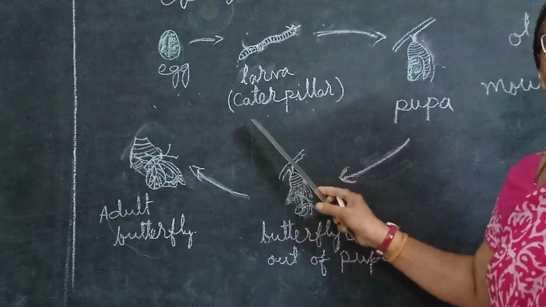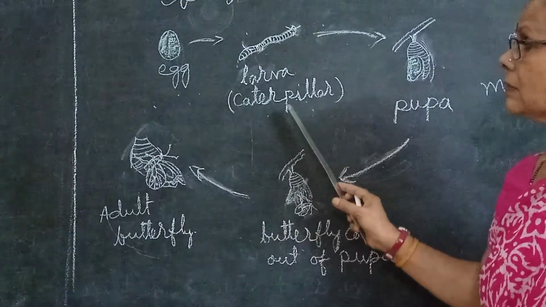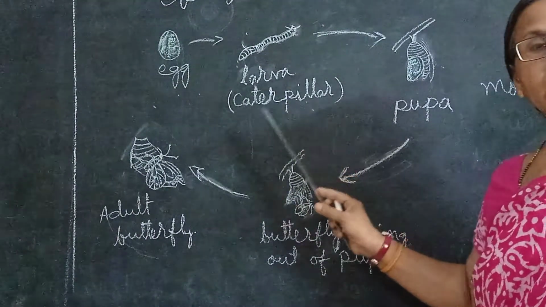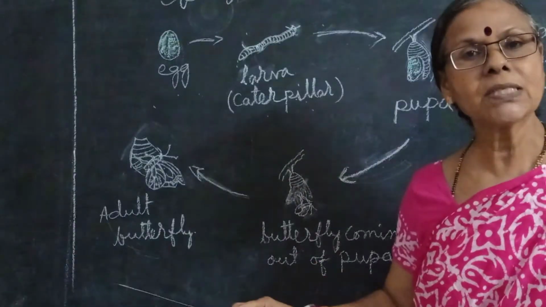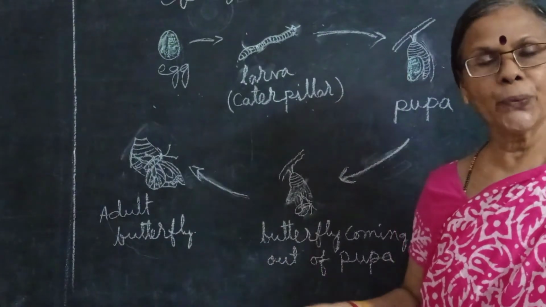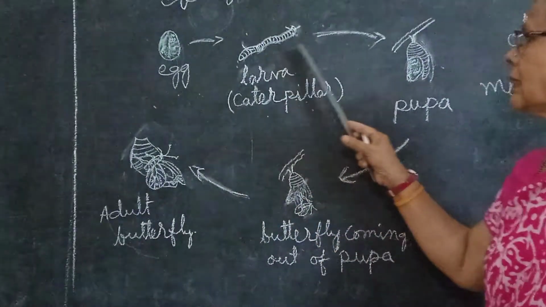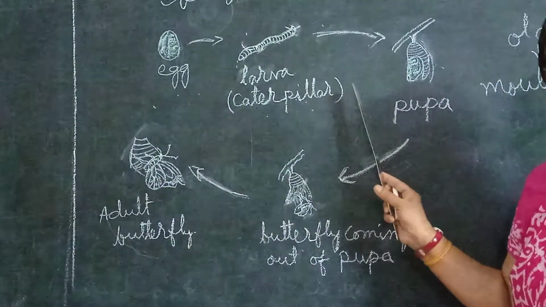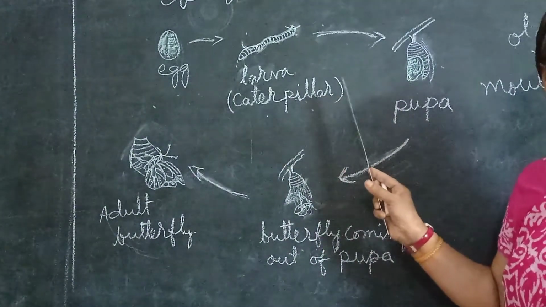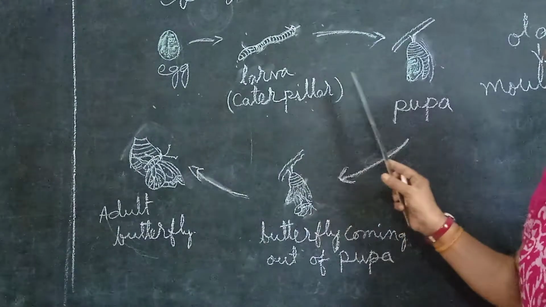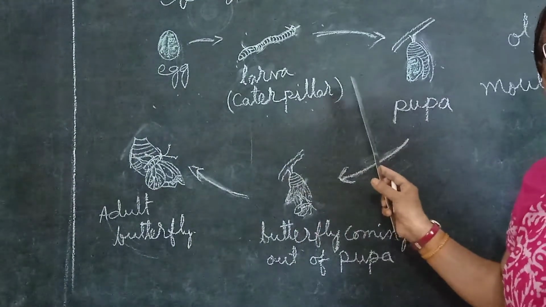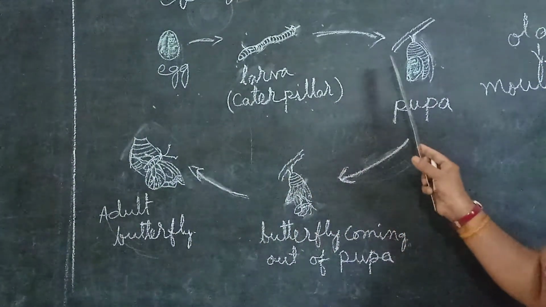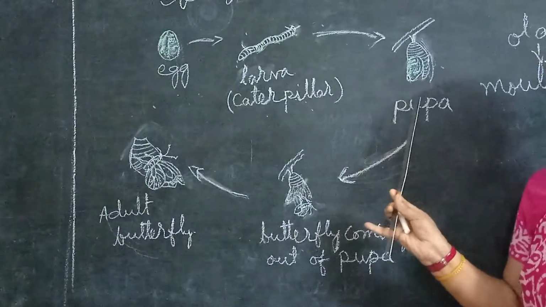They are called caterpillars. Caterpillars eat leaves and grow quickly. In the next stage, they build a covering around the body. That covering is called a cocoon, and this stage is called a pupa.